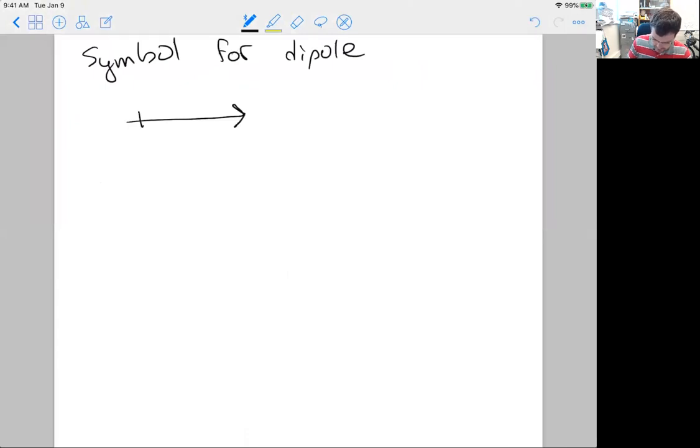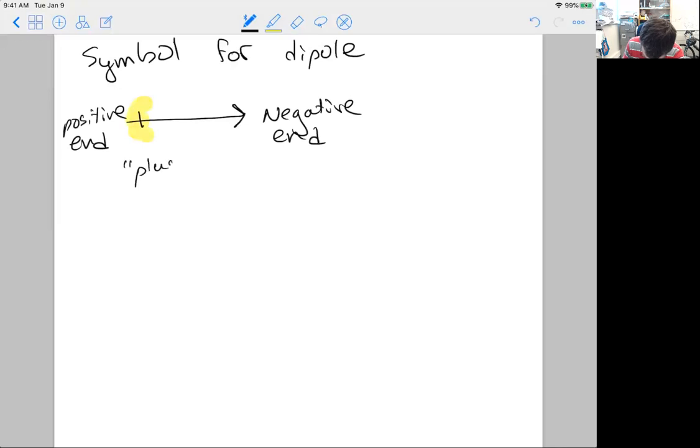So this is the positive end of our charges that are separated in space, and this is the negative end. And I remember how to draw this arrow because there's a plus on the tail. Okay, so this is a symbol for a dipole.